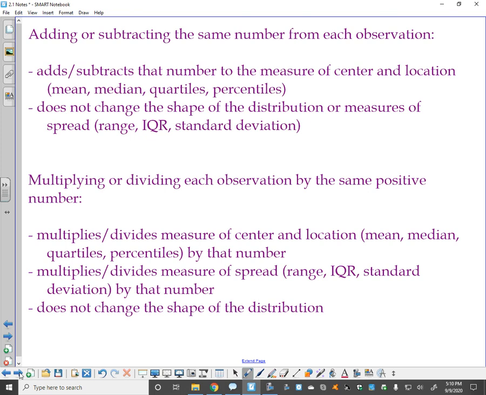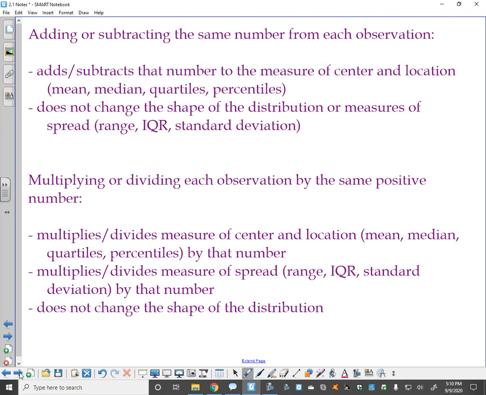So the mean, the median, the quartiles, the percentiles, all of that is going to either add or subtract by whatever you're doing to your data. It does not change the shape of the distribution or the spread. So your range will not change, your IQR does not change, your standard deviation does not change, your right skewed, your left skewed, your symmetrical, none of that changes. It just takes your shape and scoots it to the right or to the left.